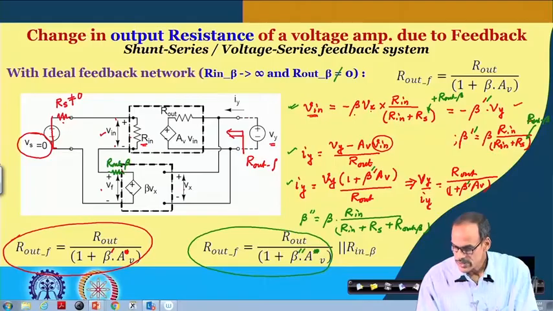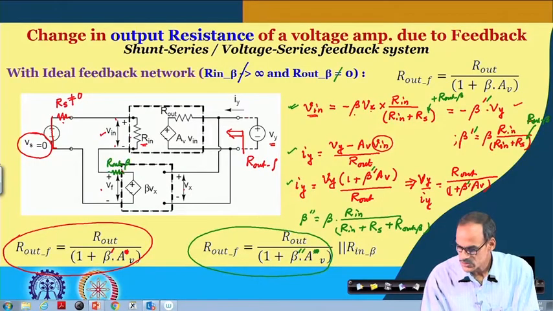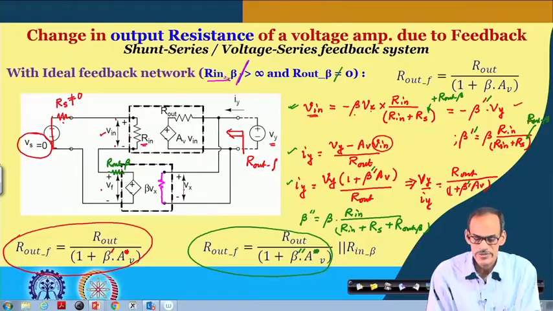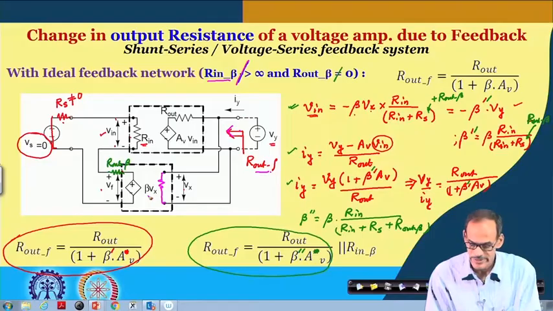Now, in addition to that, if this resistance is also finite, so, if I consider this is also finite, I need to put this resistance, and if this resistance is say some R in beta, then the output resistance will be whatever the situation earlier was, and then I have to consider this additional resistance there.